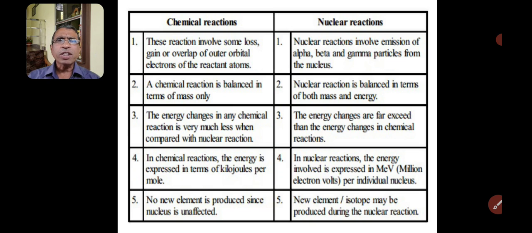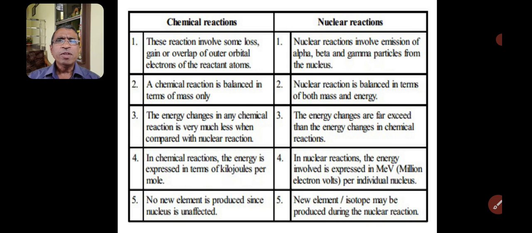In nuclear reactions, the nucleus of an atom is responsible. In chemical reactions, different elements combine and form new compounds. Here in nuclear reactions, a new element is formed. This is what I have given here.